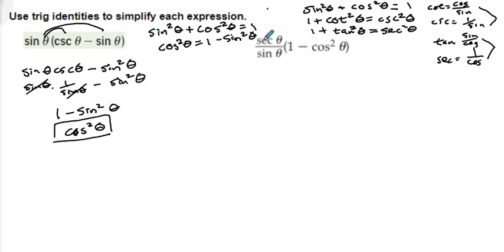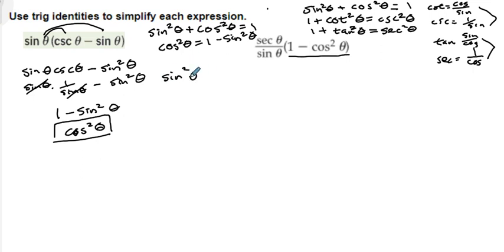Now this next one, I'm going to be completely honest, threw me off for a minute because I went right away to multiplying it, and I missed the elephant in the room. The elephant in the room is that this can be figured out really easily from this first identity. If I go 1 minus cosine squared theta, that is equal to sine squared theta.